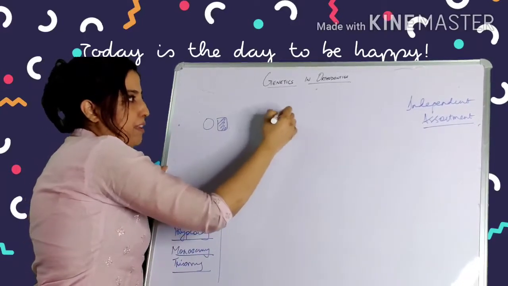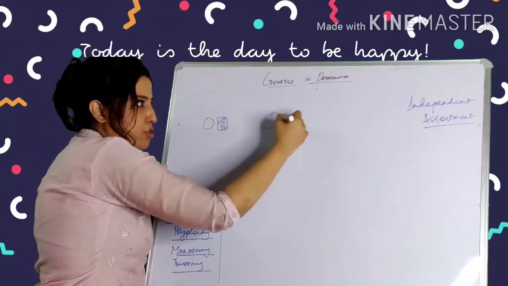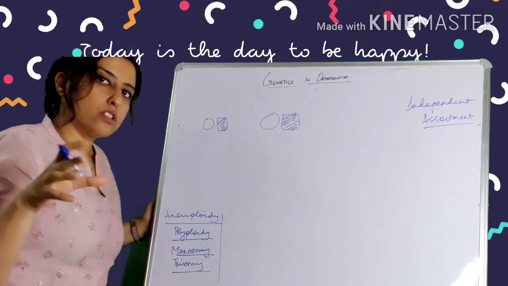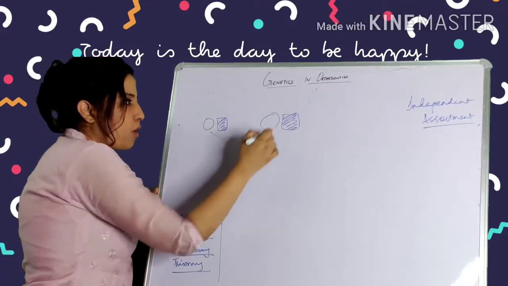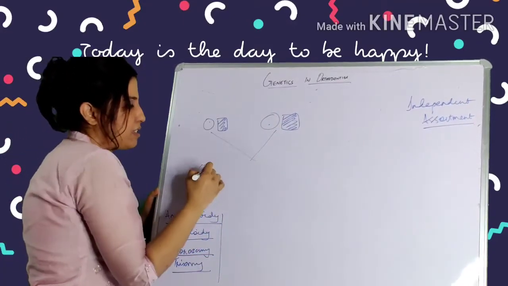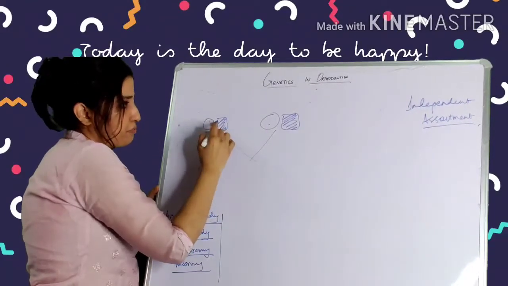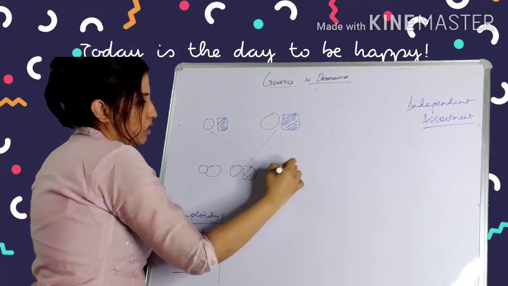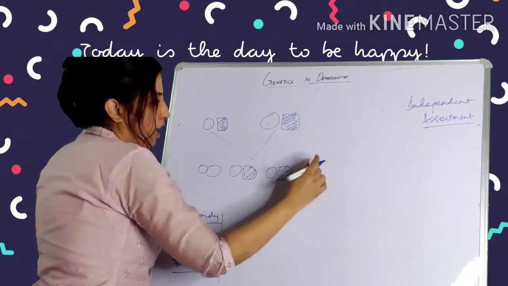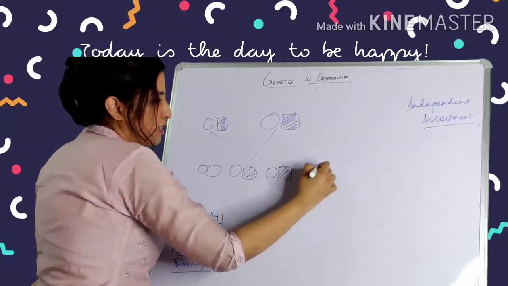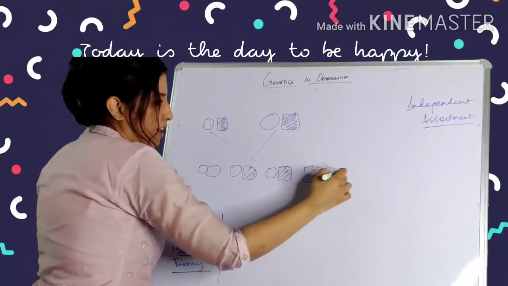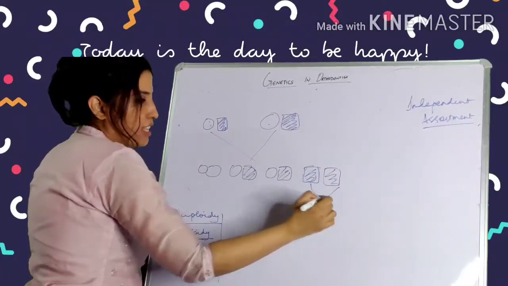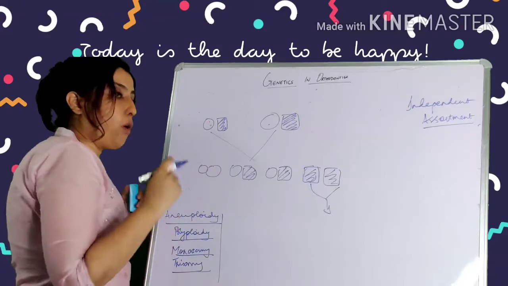So both the parents have one affected gene on the homologous chromosome. So when you cross them, 25% of the offsprings have the chance to actually express the disorder or the disease.